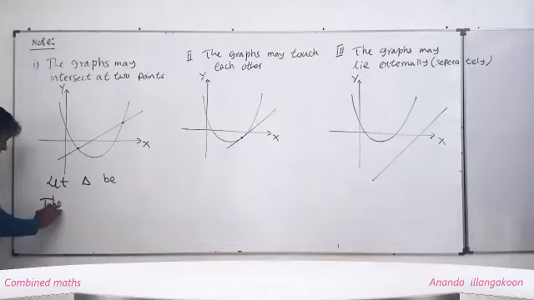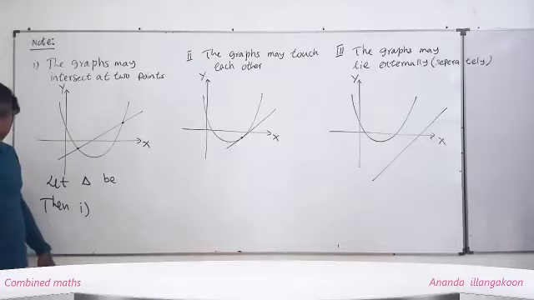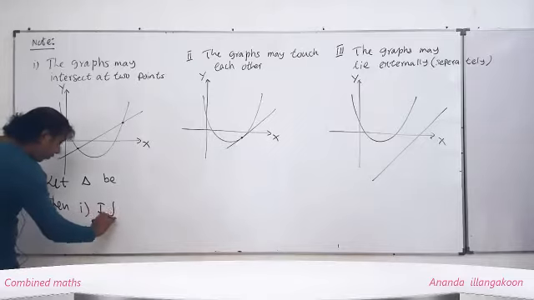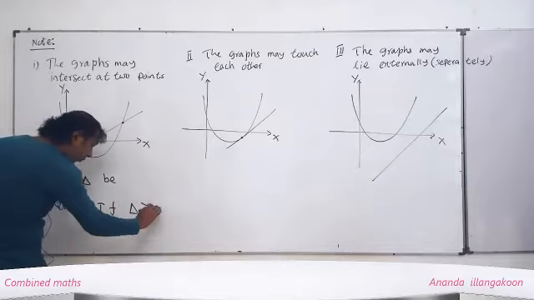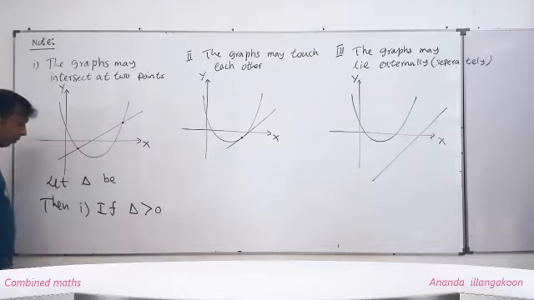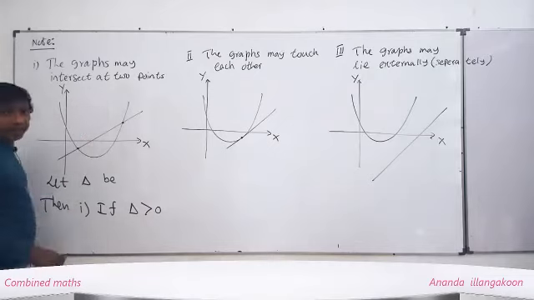Then number one, if delta is greater than 0, what can we say? The graph and the line intersect each other.